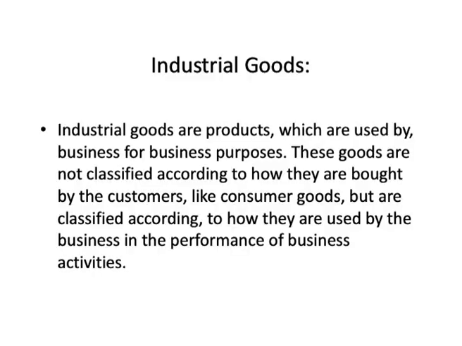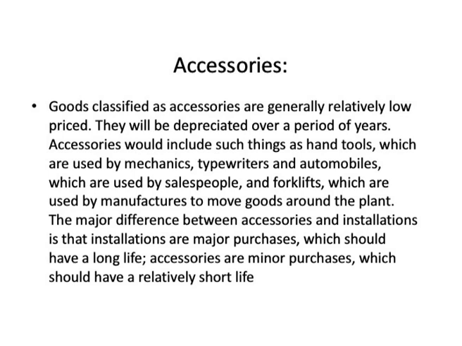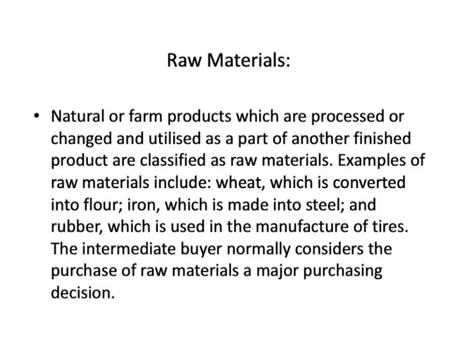And industrial goods are goods which are classified by how businesses buy to meet their requirements. It could be installations, maybe machinery, buildings, furniture, fixtures, accessories that are used. There could be raw material, natural raw material or processed raw material.